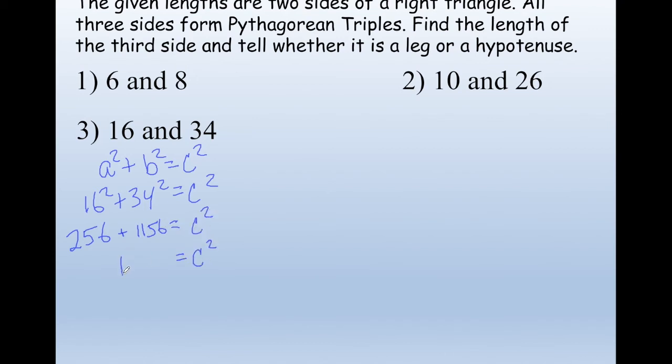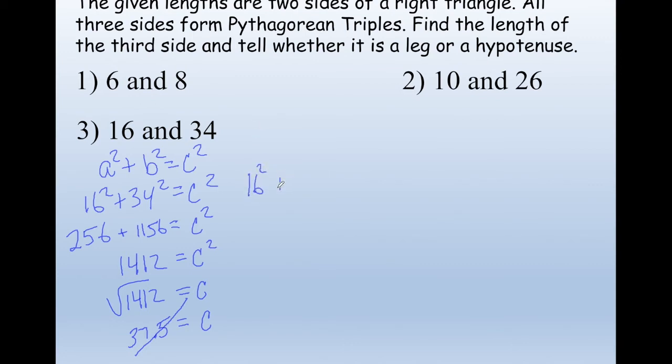C squared equals 1412. Square root of 1412 on our calculator, and I'm expecting a whole number, and I get 37.5. So I'm a little disappointed.